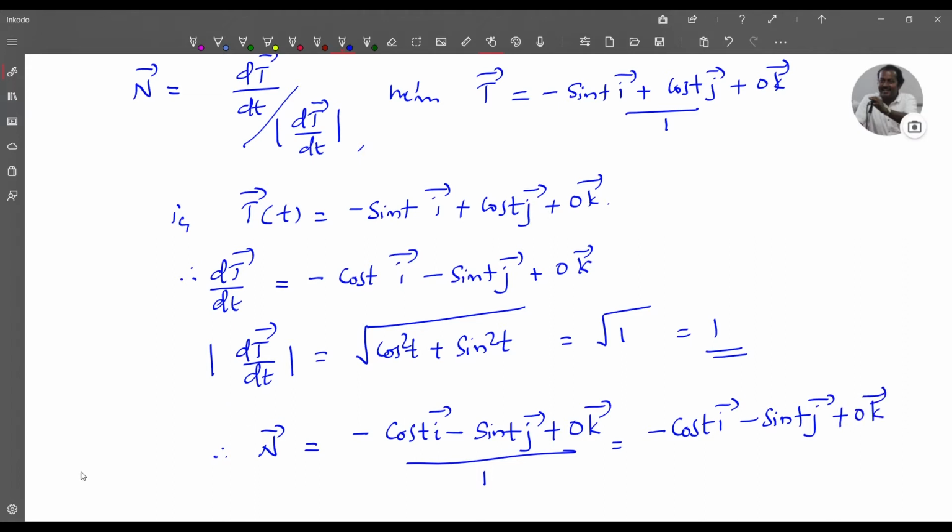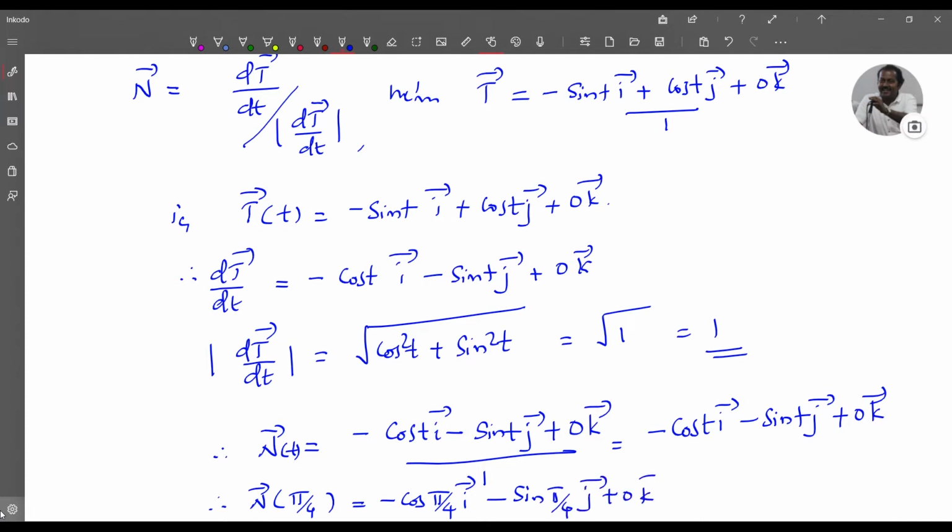Therefore n of t is this, and n of pi by 4 is minus cos pi by 4 i minus sin pi by 4 j plus 0k.